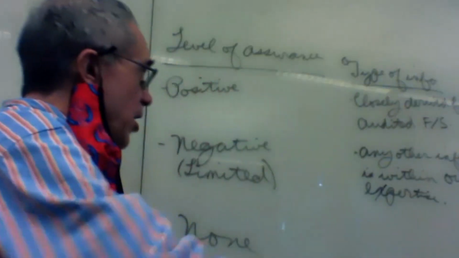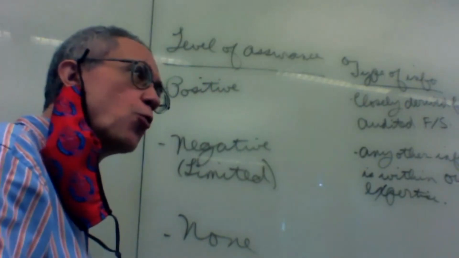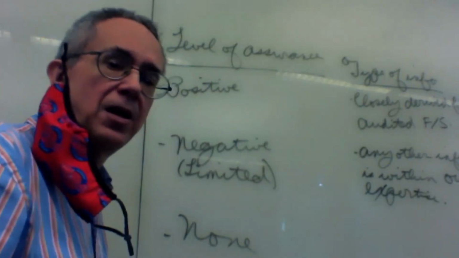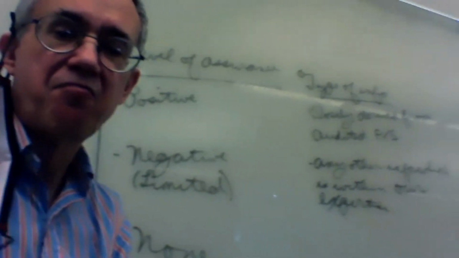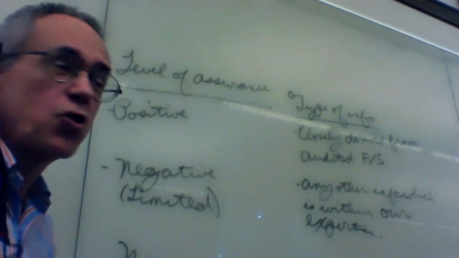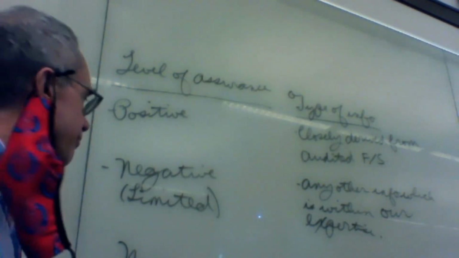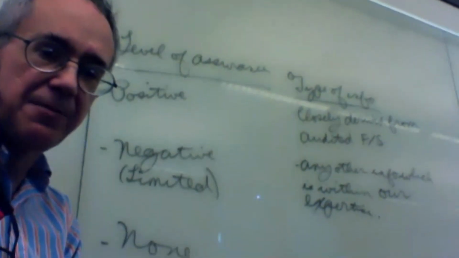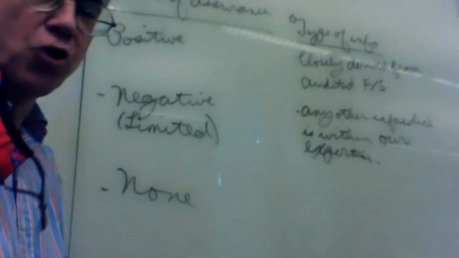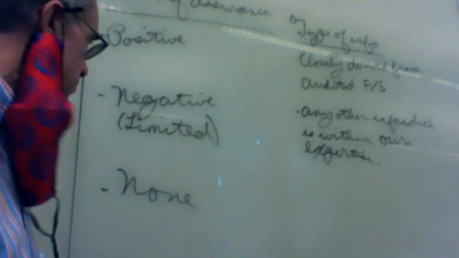So any other information which is within our expertise. So it's not directly derived from audited financials, but it is somehow within our expertise. We can give negative assurance on it. Finally, if we give no assurance, that is information which is outside our expertise.